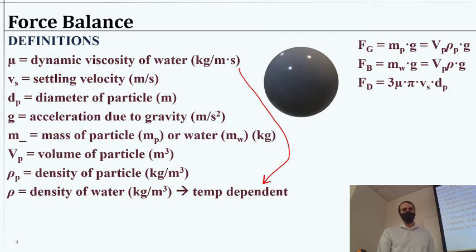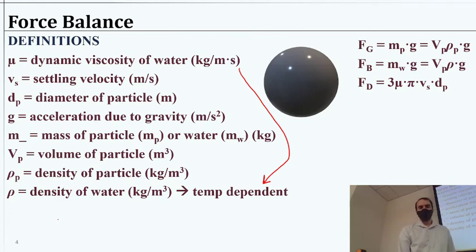Hotter water is a little bit less viscous, so particles could potentially settle a little quicker in hot water. Density of water is a little bit lighter as you heat it up. Typically, there's a little bit of a difference as you get close to zero, but that's the general trend. So then you have a smaller buoyant force as you get hotter.